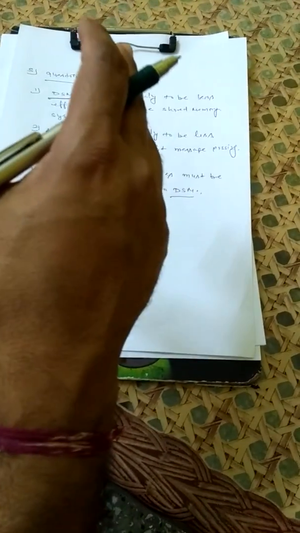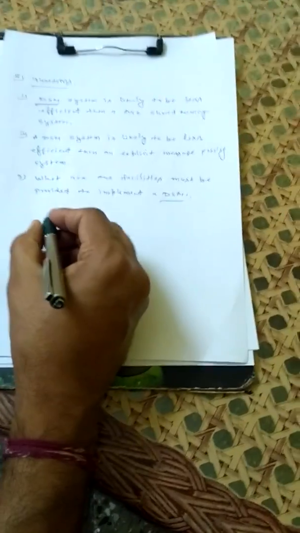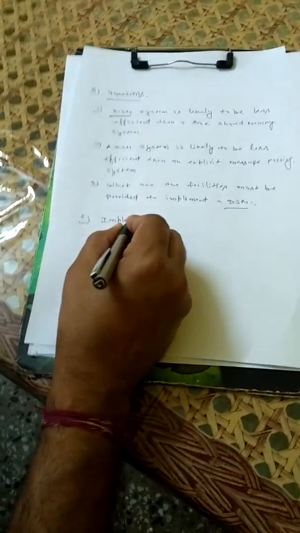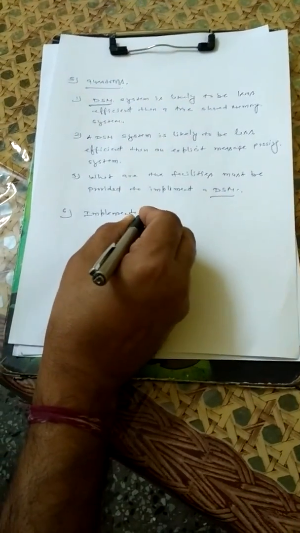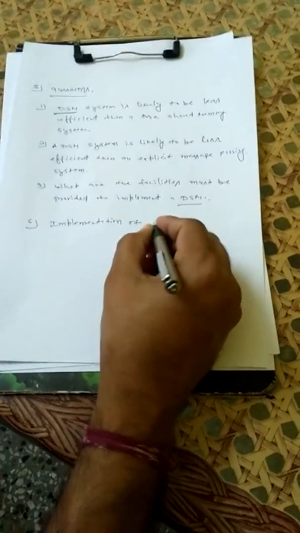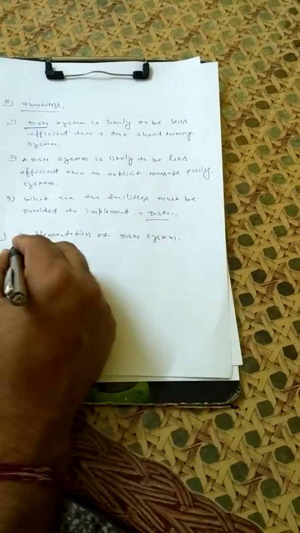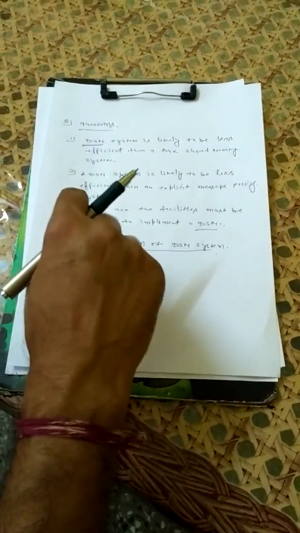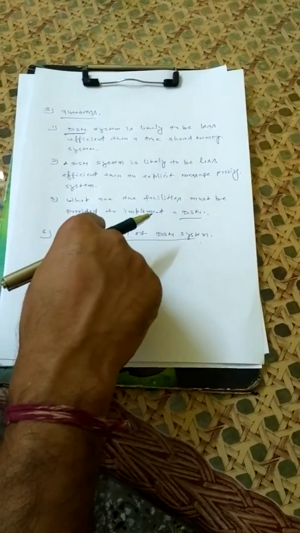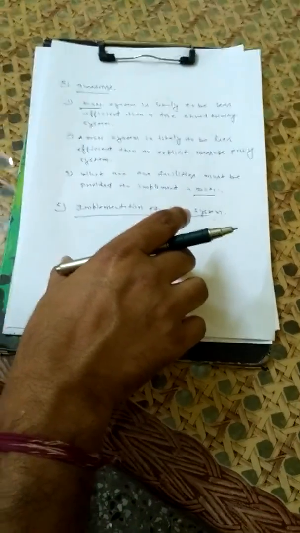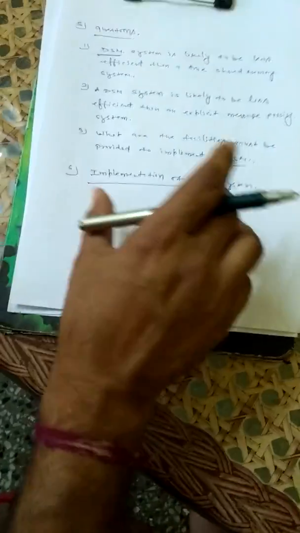What are the requirements of the DSM? This is the topic which we want to discuss: the implementation of the DSM system. What is the implementation of distributed shared memory?